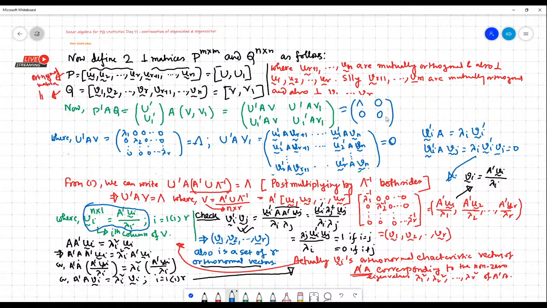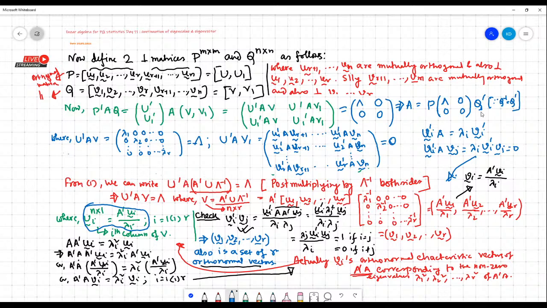Okay, so therefore A is P, capital lambda 0 0 0, Q inverse, because Q is an orthogonal matrix, so Q inverse is nothing but Q prime.